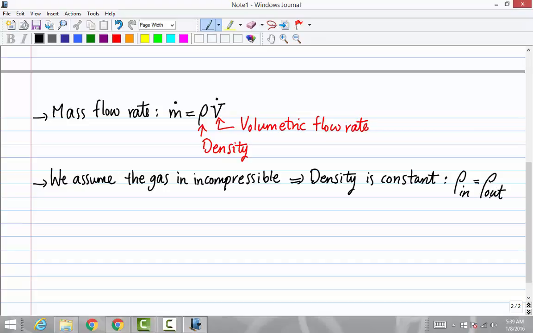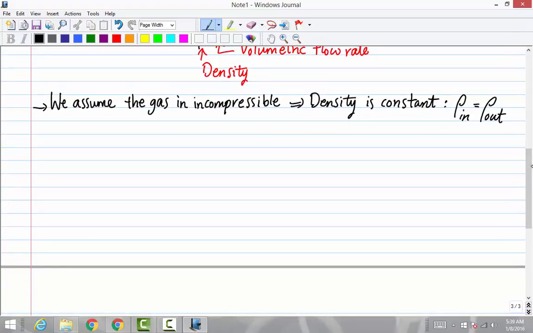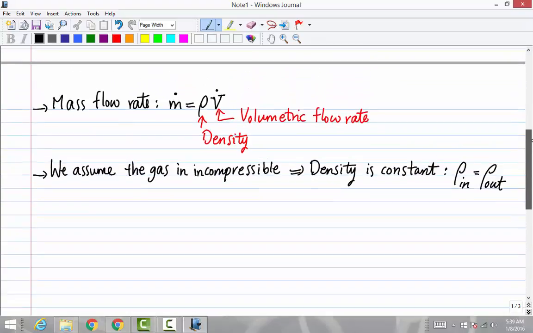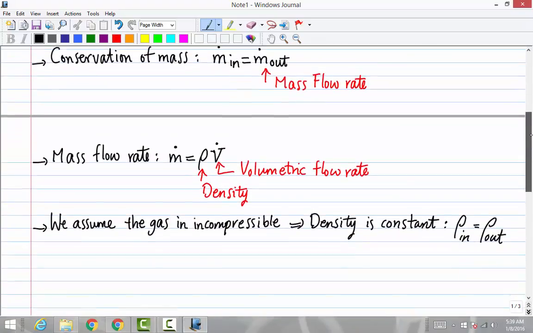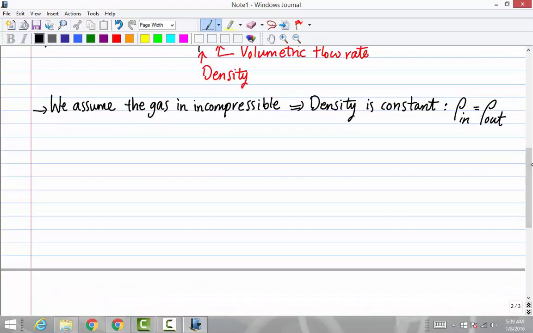So the density remains constant as it goes through your system. Therefore, if I continue my equation about mass conservation, this is what I wrote before, m dot in equals m dot out. Therefore, rho V dot in equals rho V dot out.